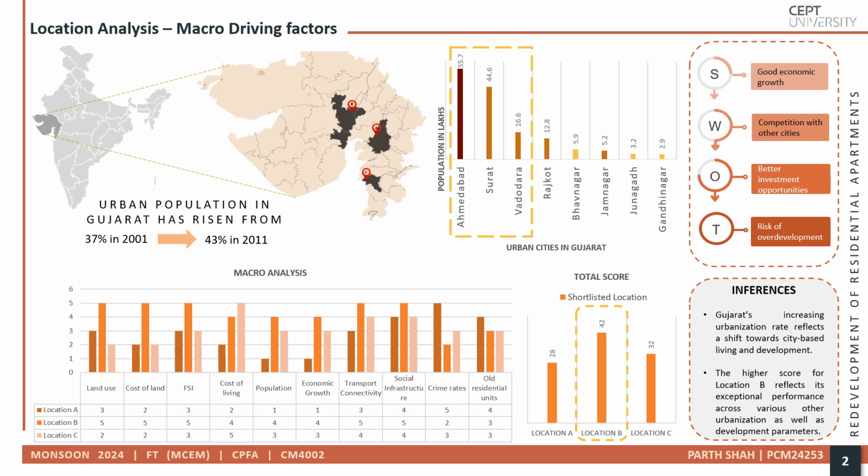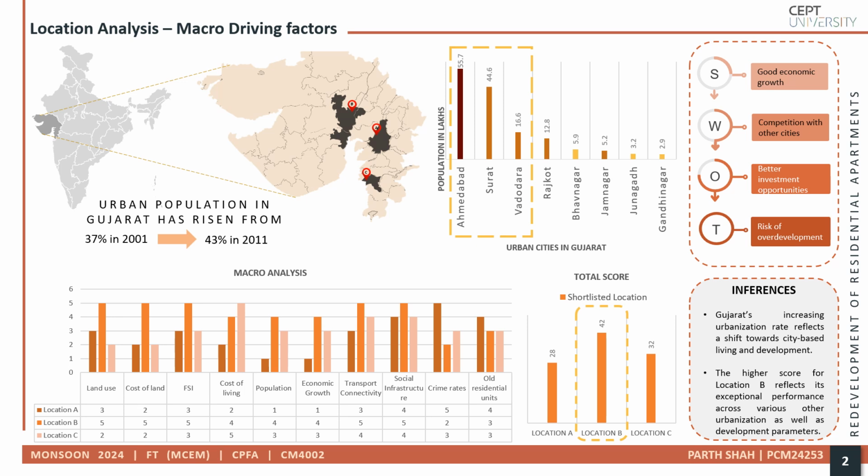Moving on to the location analysis, which was conducted for the state of Gujarat. This analysis is divided into macro and micro factors. For macro analysis, three major cities of Gujarat were evaluated, performing a comparative study.